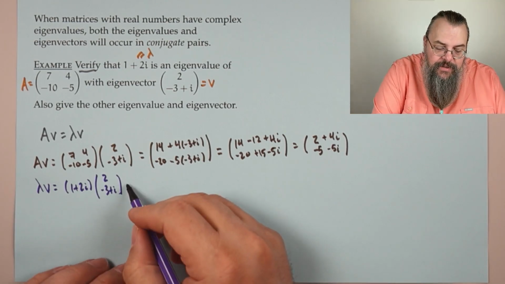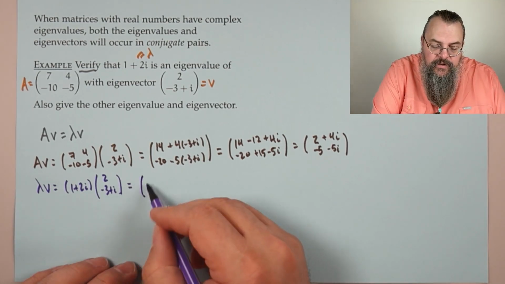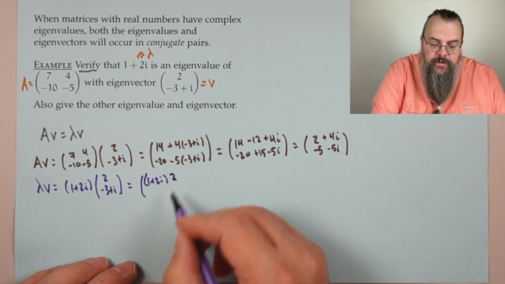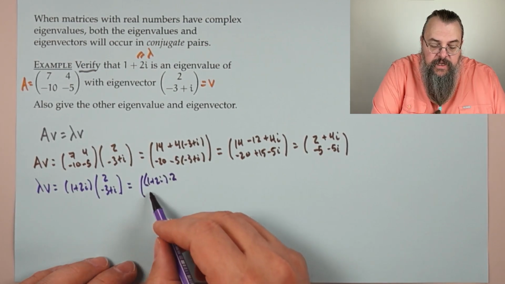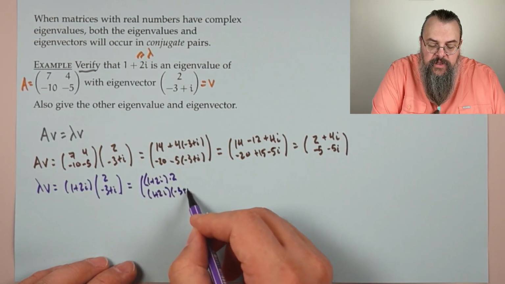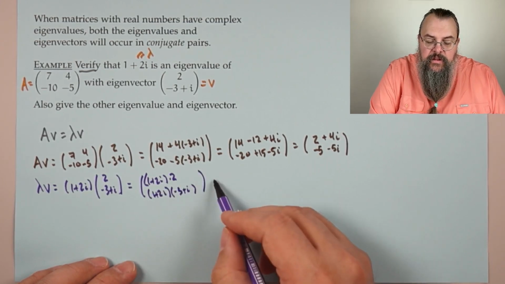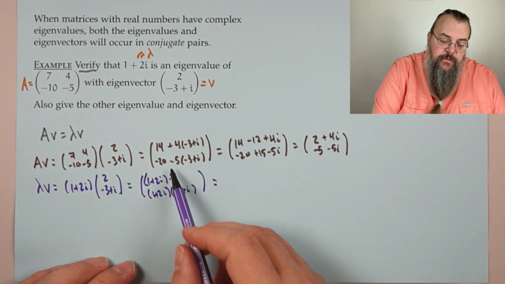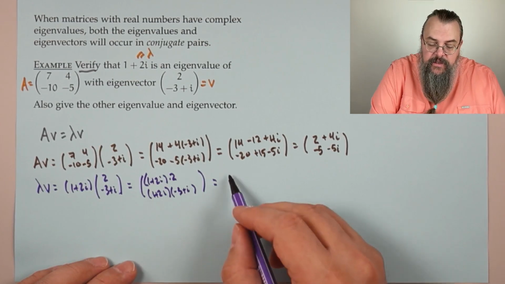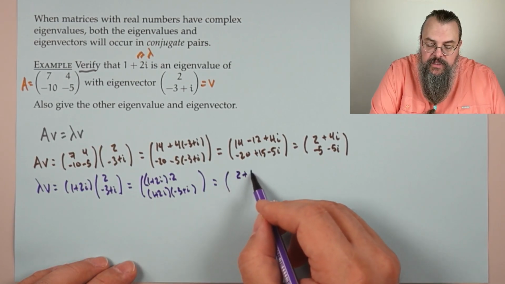And so what does that mean? It means you multiply each entry times that value. So it's 1 plus 2i times 2, and it's 1 plus 2i times minus 3 plus i. Okay, so 1 plus 2i times 2, that would be 2 plus 4i. All right, well, that's looking promising.